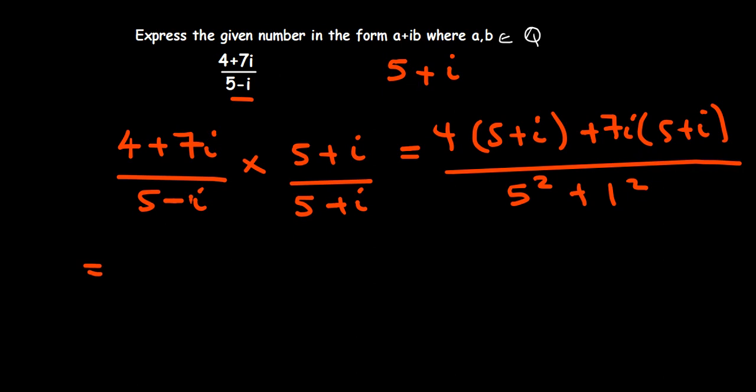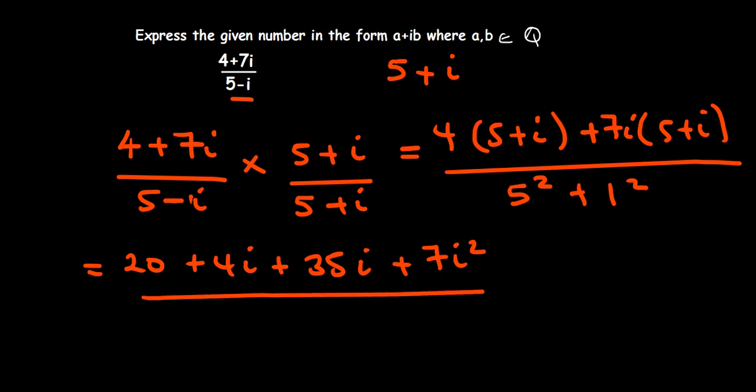You have 20 plus 4i, plus 7i multiplied by 5 is 35i. Then 7i multiplied by i gives 7i squared, divided by 5 squared, which is 25, plus 1 squared, which is 1.